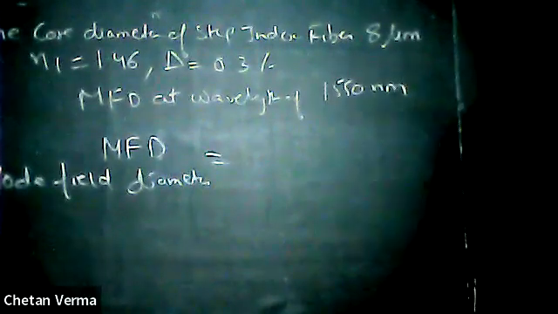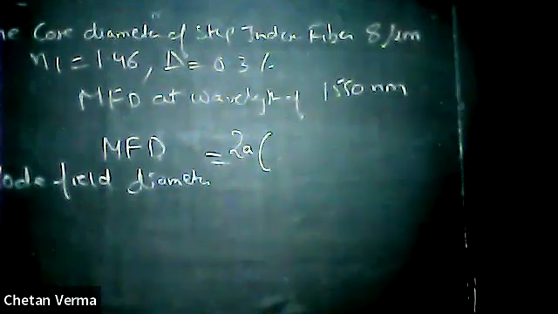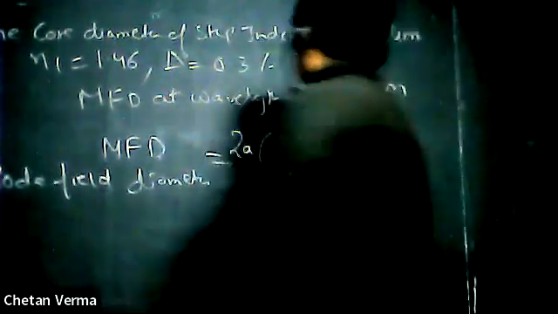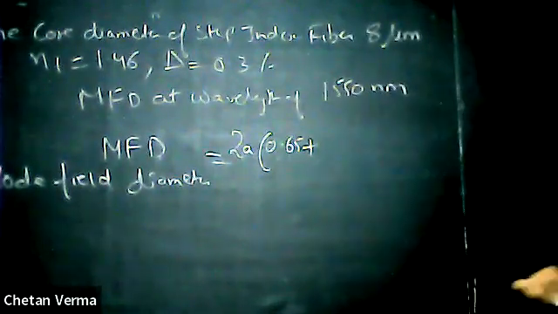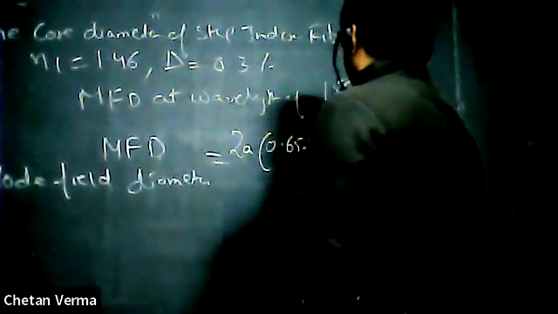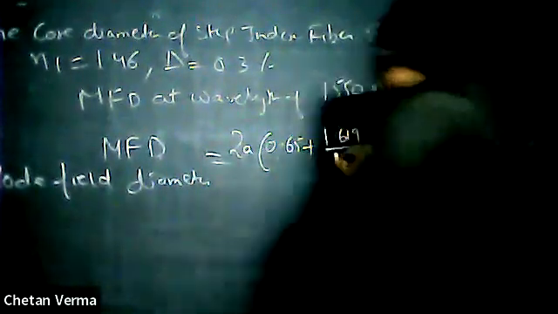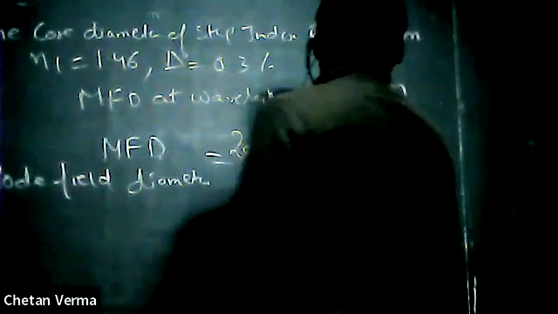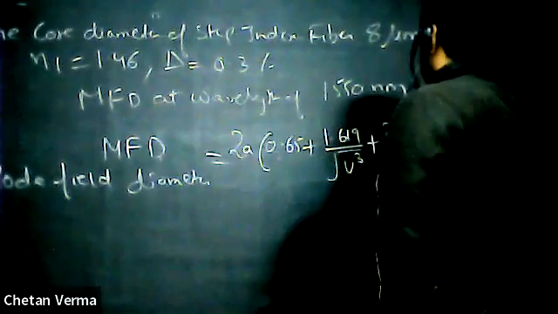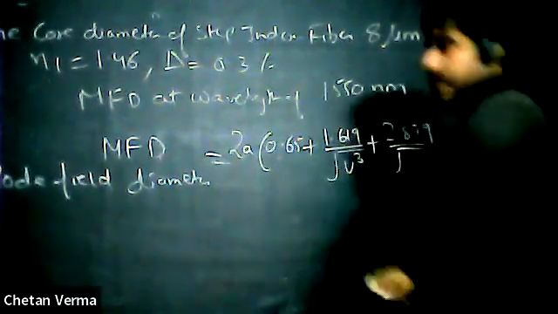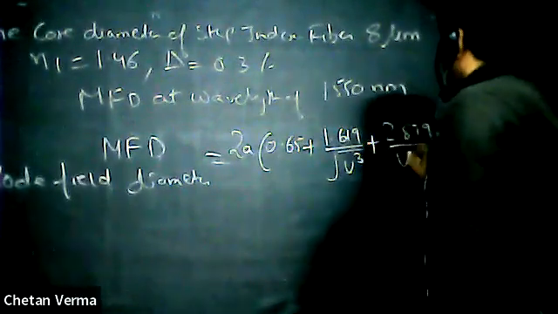2a times (0.65 plus 1.619 divided by V to the power 3/2 plus 2.879 divided by V to the power 6).